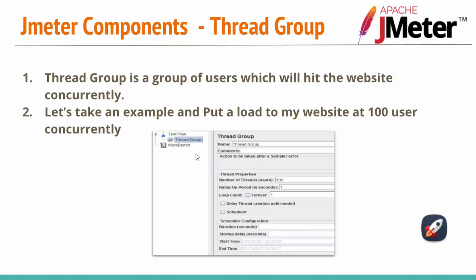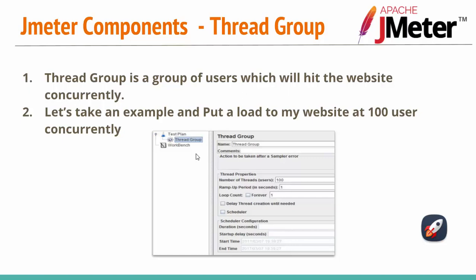In the example, as you can see, we have set the number of threads to 100 and the ramp up time to 1 second. So what this does is that 100 users will try to come up concurrently, and we are targeting that they ramp up in 1 second.